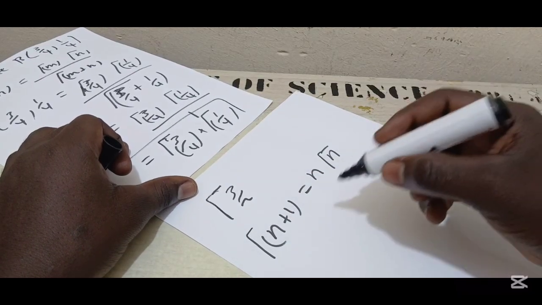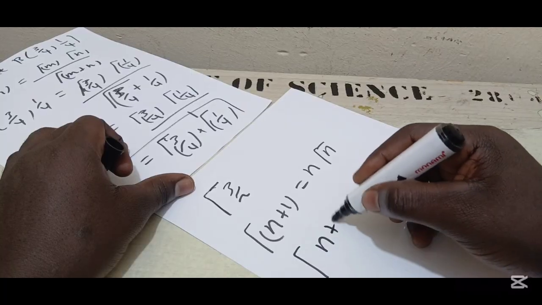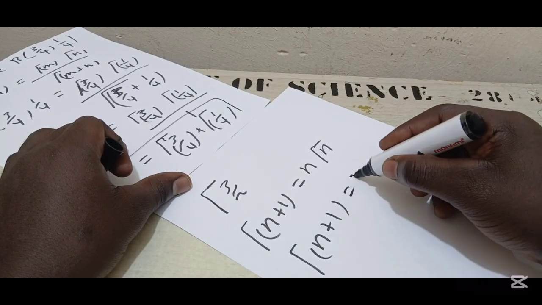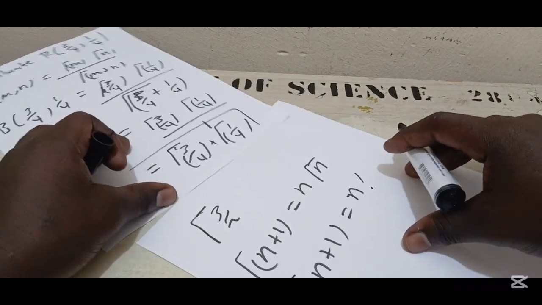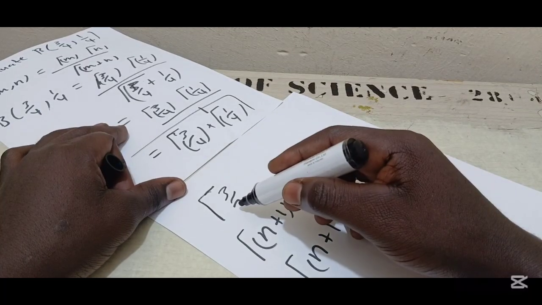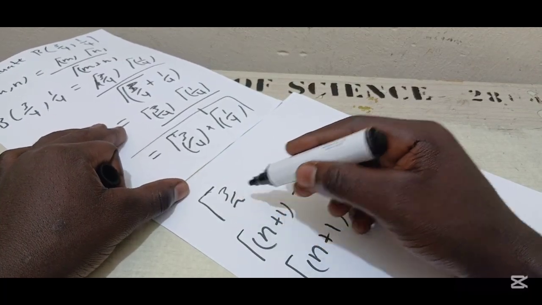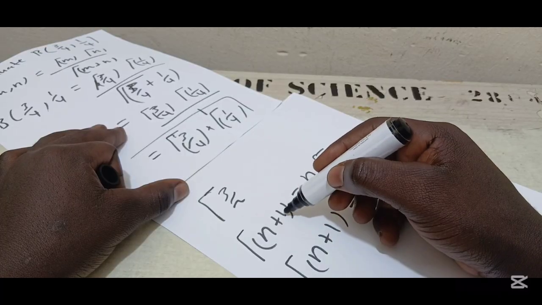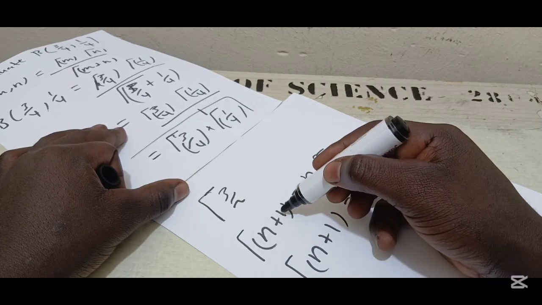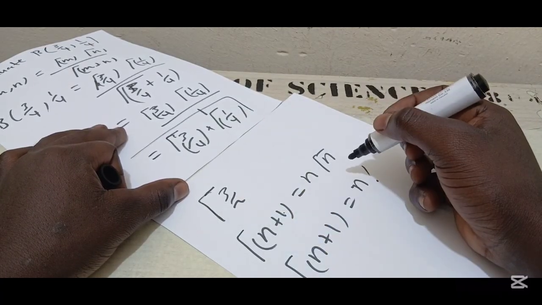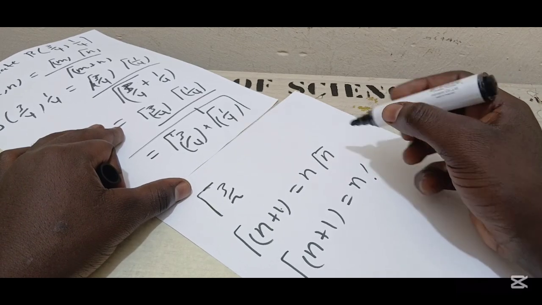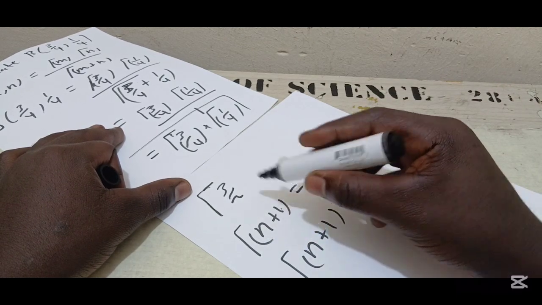If it is not a fraction, we can use gamma n plus 1 equal n factorial. In this case, we want to represent this term here, 3 on 2, in the form something plus 1, and that something plus 1 should give us 3 on 2. So the best way is to say that we want something that will add 1 to give us 3 on 2.